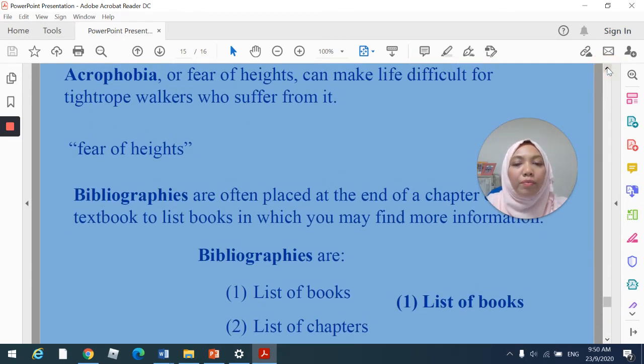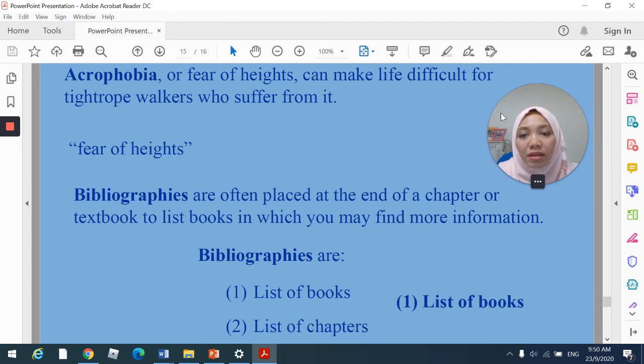Next, acrophobia. This is a term, right? I have for all different kinds of phobia, there are many other different terms. So what is acrophobia? Acrophobia, or fear of heights, can make life difficult for tightrope walkers who suffer from it. So you know here, acrophobia means fear of heights.